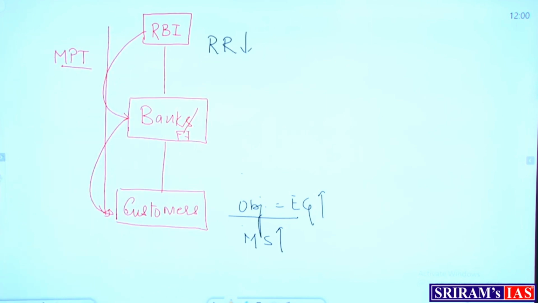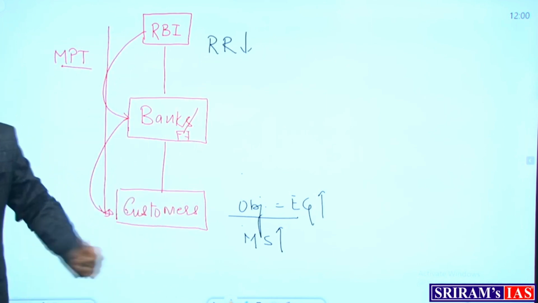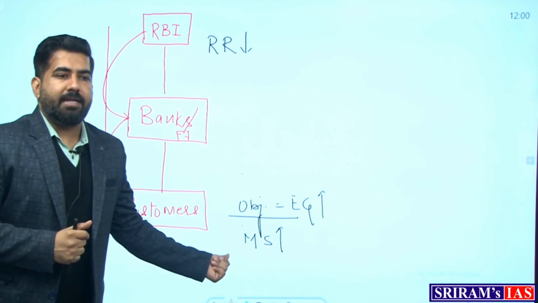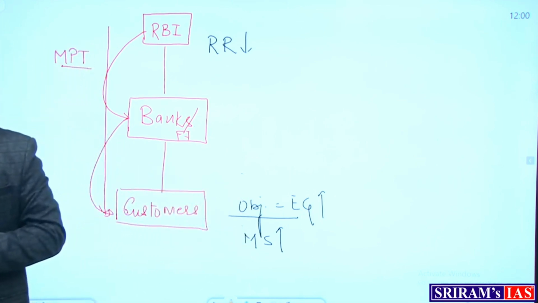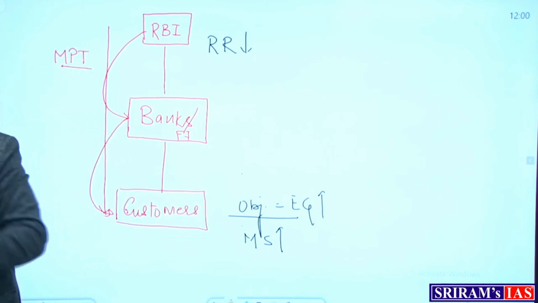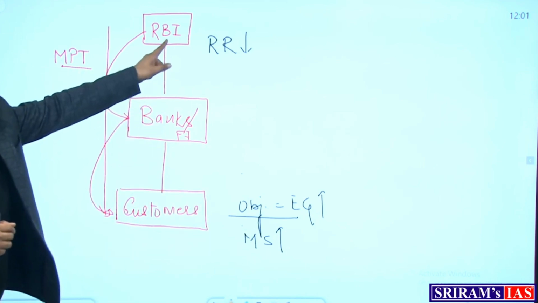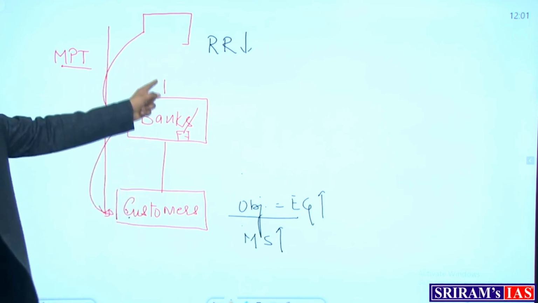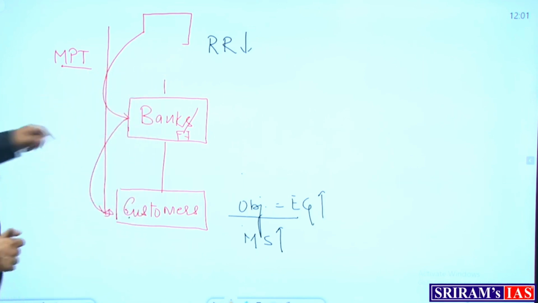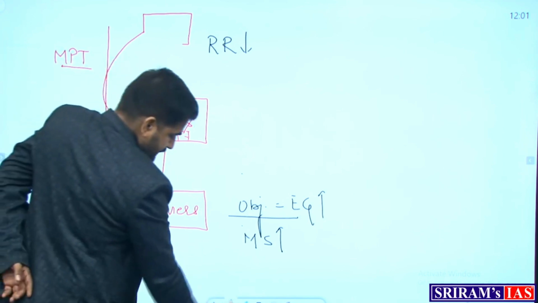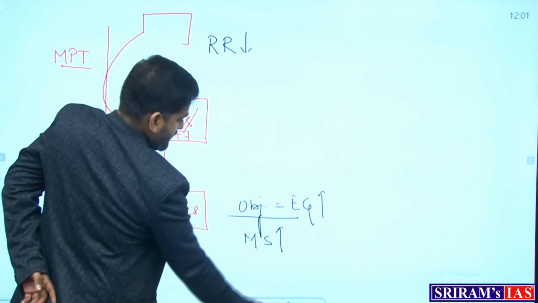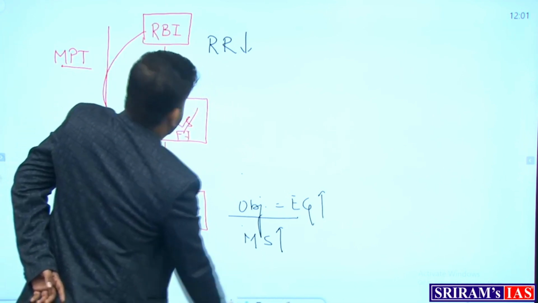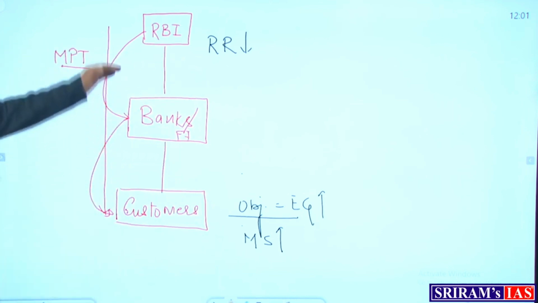RBI reduced the repo rate, thinking that money supply will increase and boost economic growth. But I told you, monetary policy transmission does not go directly from RBI to the customers. It has to go via banks or financial institutions.